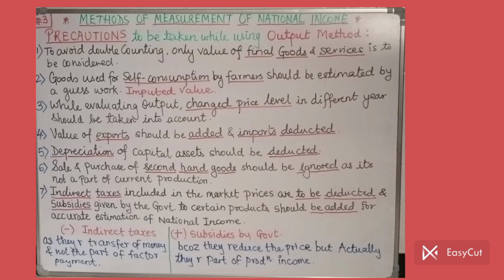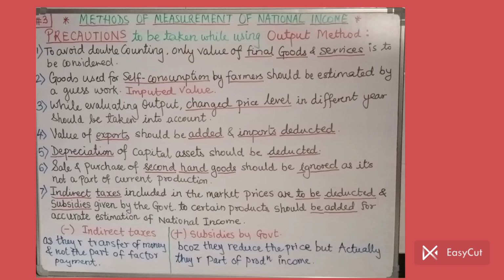This is also a very simple point. Second hand assets are already produced assets which were already calculated in their year of production, and hence they should be totally ignored in this year as they are not part and parcel of this year's production. So second hand goods ignored completely.